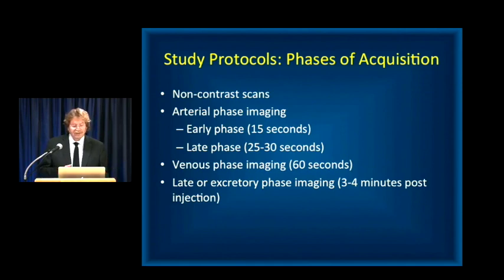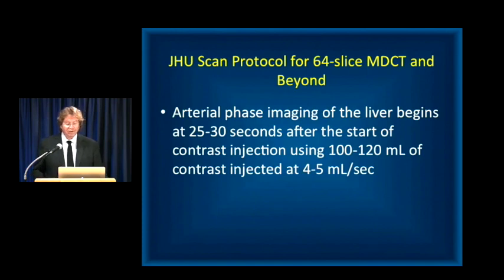You can do non-contrast scans, you could do arterial phase, and arterial people speak about early and late arterial phase. You could do venous phase imaging and late phase imaging. Obviously, you want to have enough phases to answer the specific questions, but not to over-radiate the patient. And we'll discuss what phases we do get.